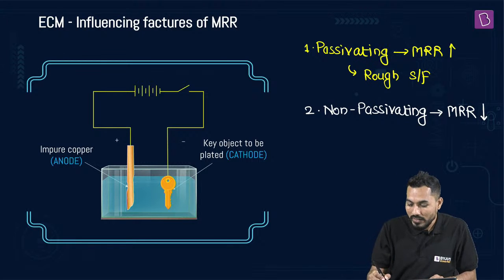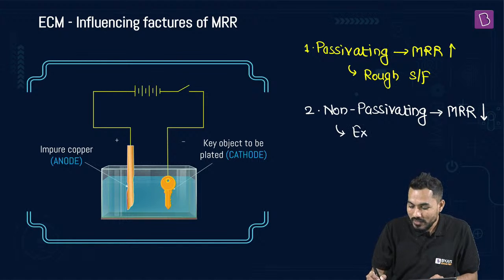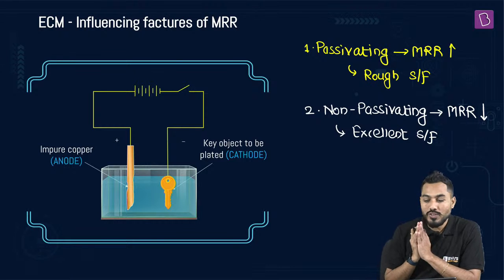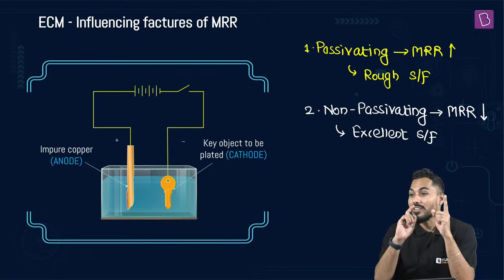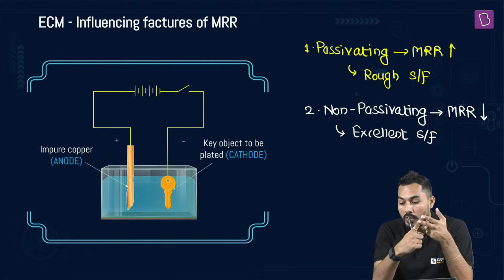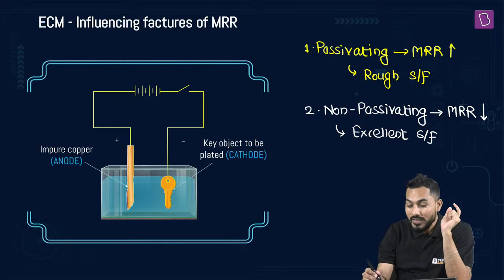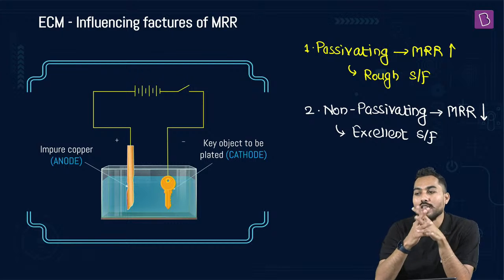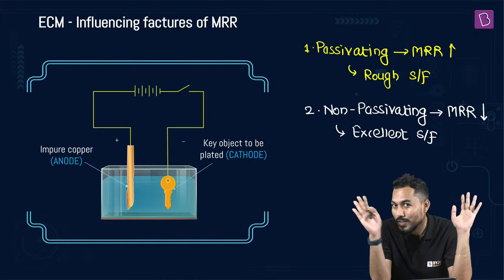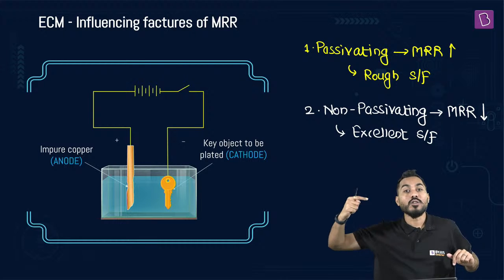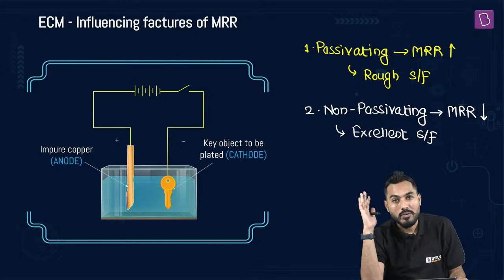If my material removal rate is less, can I say that an excellent quality of surface finish is going to be produced? So for excellent quality of surface finish or smooth surface finish, non-passivating electrolytic solution is used, whereas for generating a rough surface, passivating electrolytic solution is used. And this question was asked in the GATE examination. So for excellent quality of surface finish, which electrolytic solution is used? And the answer is non-passivating electrolytic solution.